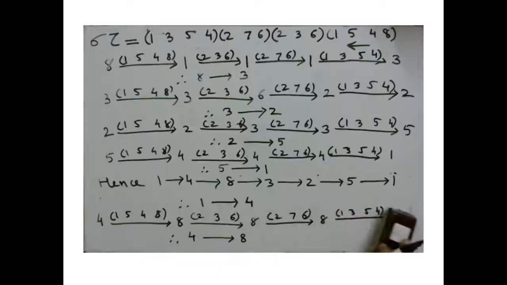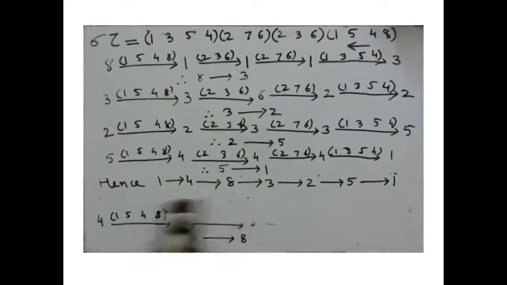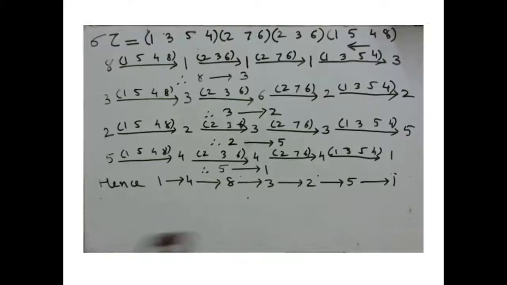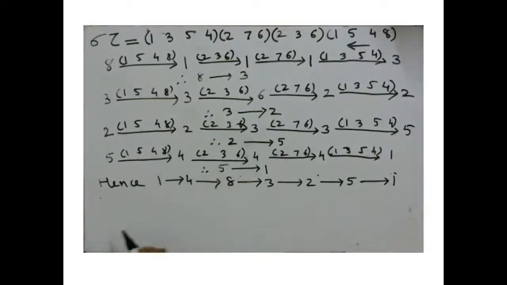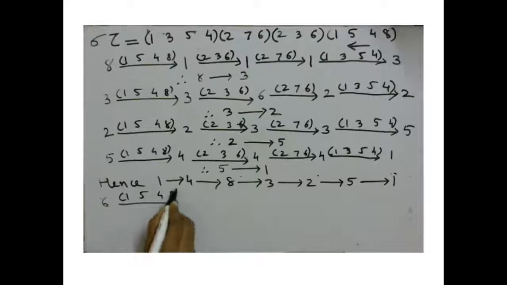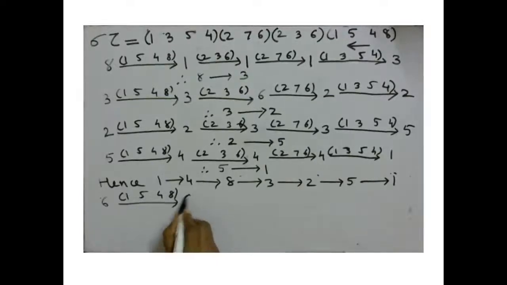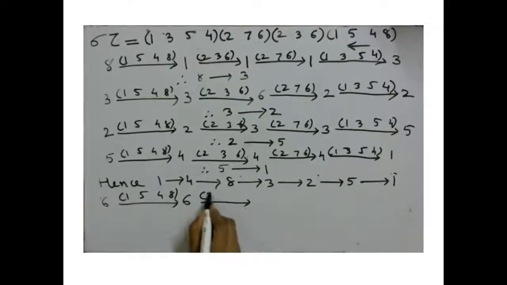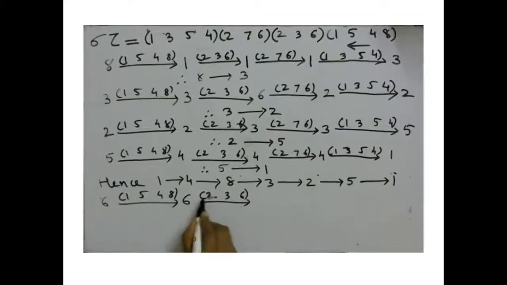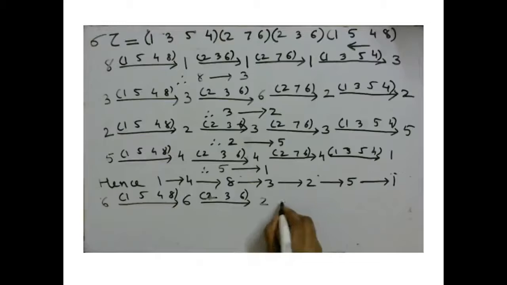Now which numbers have been left out here? The numbers 6 and 7 have been left out. So let us see the image of 6 and 7 also. We will start with 6 and start with the rightmost cycle. 1, 5, 4, 8: here 6 is not present, so 6 is fixed. 2, 3, 6: 6 goes to 2, so 6 is mapping to 2.